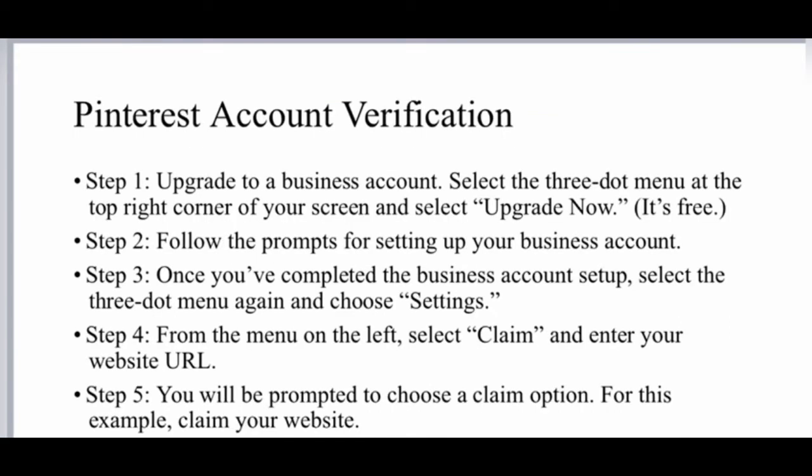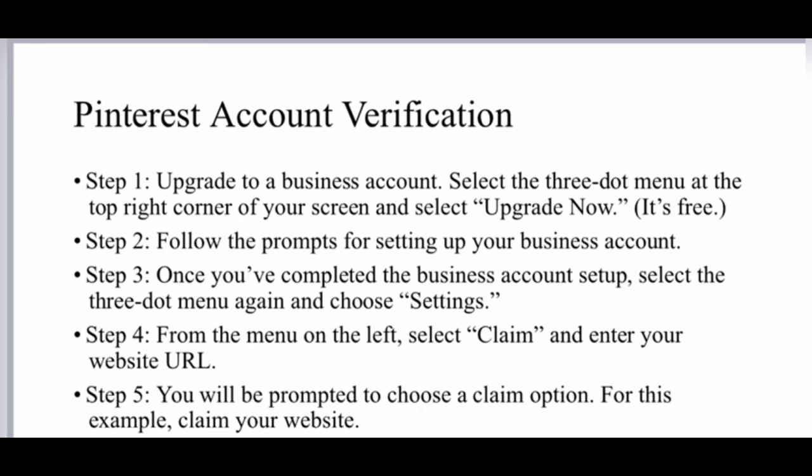Pinterest account verification. Step 1. Upgrade to a business account. Select the 3-dot menu at the top right corner of your screen and select Upgrade Now. It's free. Step 2. Follow the prompts for setting up your business account. Step 3. Once you have completed the business account setup, select the 3-dot menu again and choose Settings. Step 4.